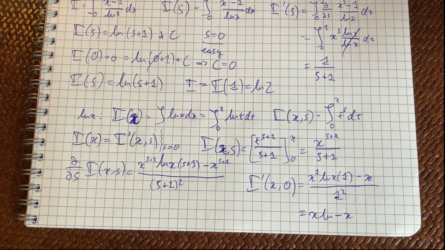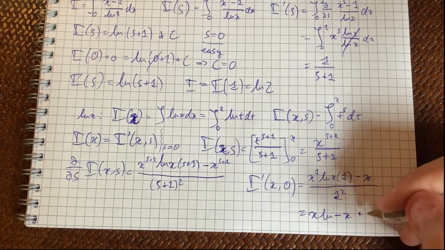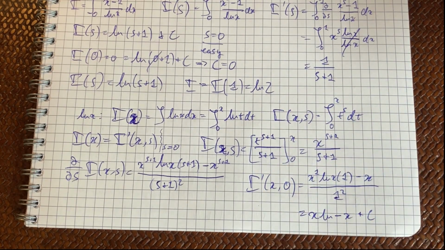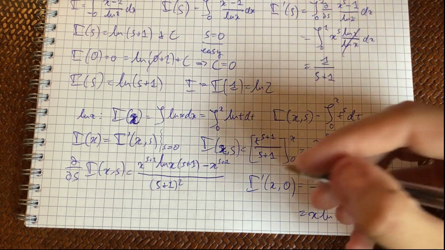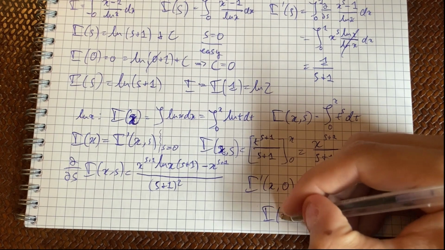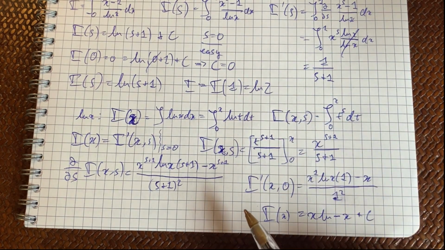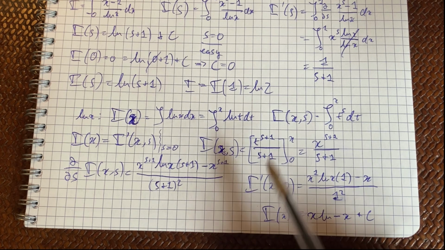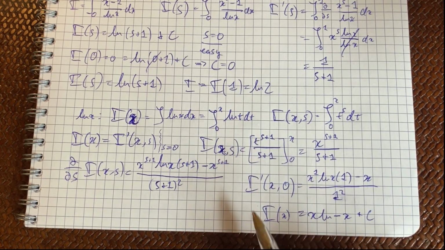And here we don't have a constant plus c because we're doing an integral from 0 to x, not a simple entire derivative calculation. So here is our integral. If you really want, you can just add an extra plus c, but well, it's not even necessary because here we know that this is I of x, which is the integral from 0 to x of log t dt. So this is kind of a definite integral.